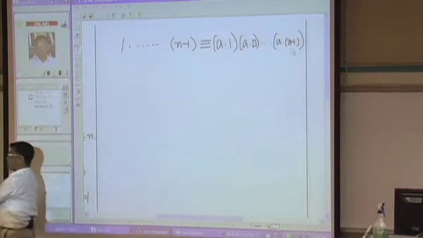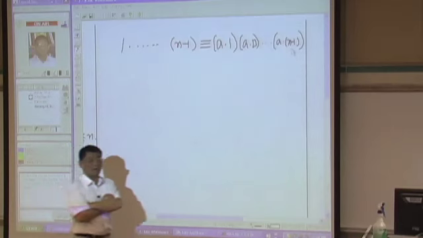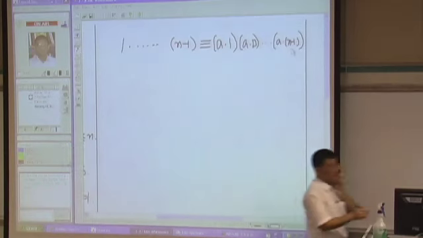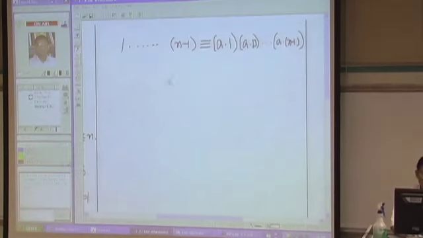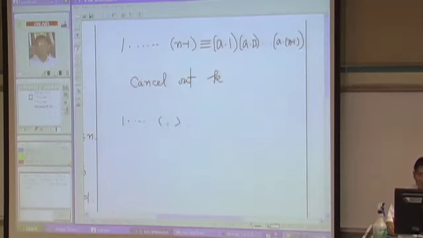Then take a look. All the elements here are relatively prime to n. All these elements are relatively prime to n. So let's pick a generic element such as k, right? I want to cancel out k, which is relatively prime to n, and then I can get this kind of thing: 1, and then k is missing now, right?